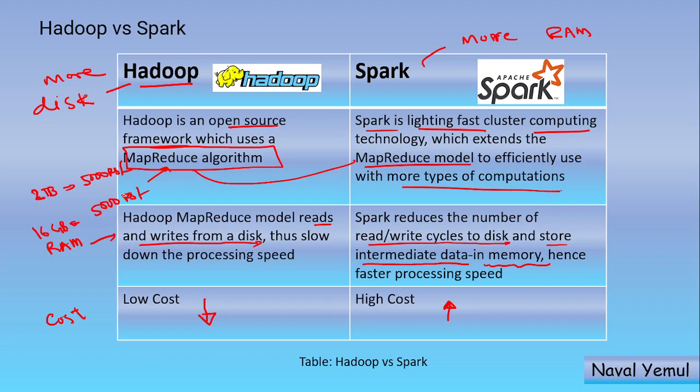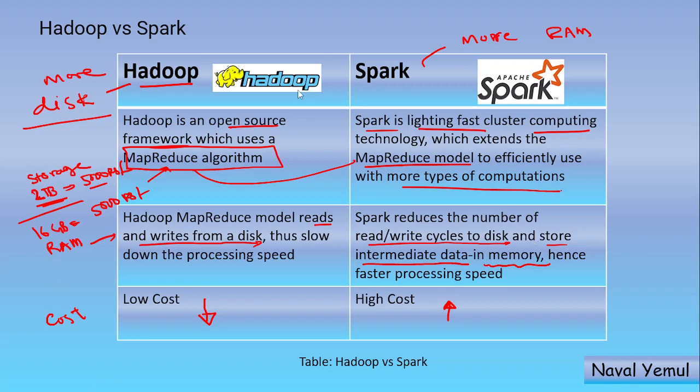You can see we are getting 2 TB of storage on disk for 5,000, and 16 GB of RAM costs the same. Because of this, for more RAM in memory, you need to pay more. Hadoop works on the disk, and storage on disk is low cost.